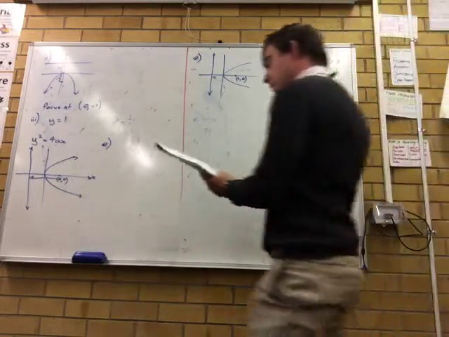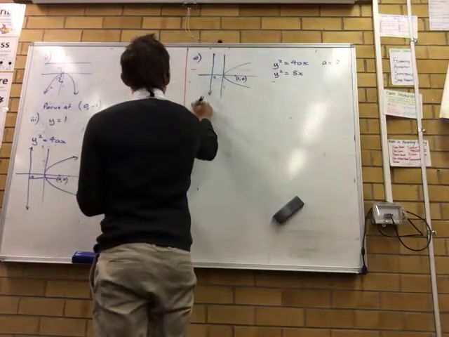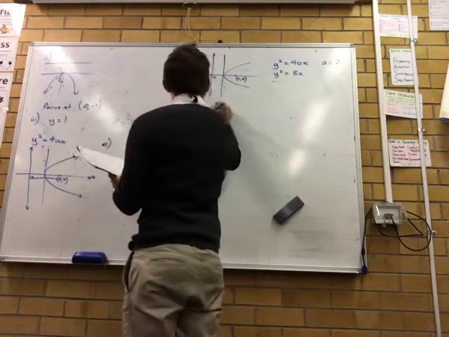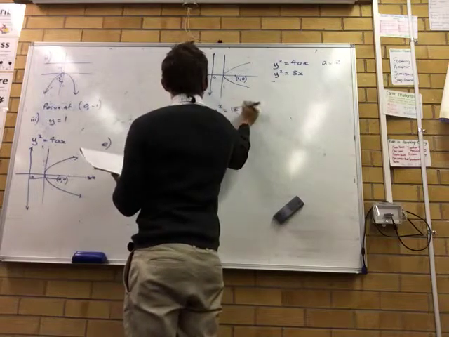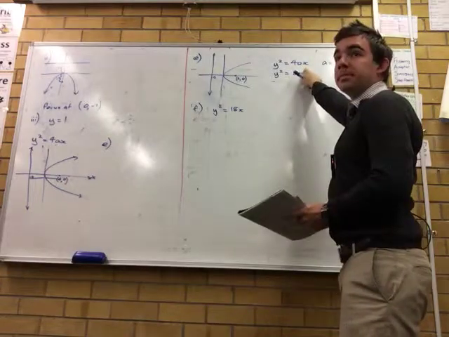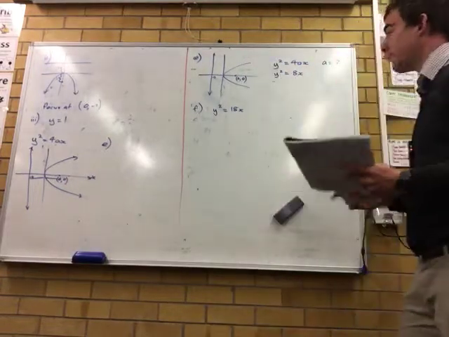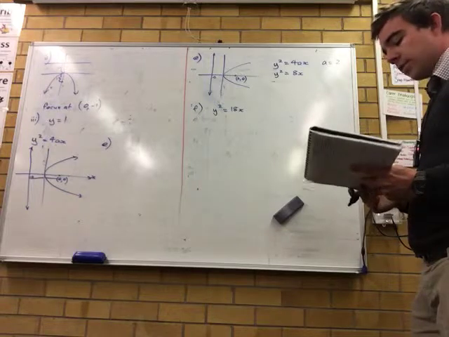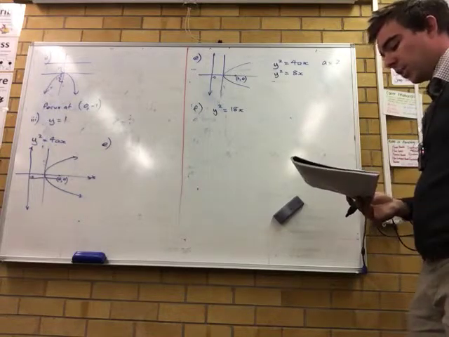Alright, F. For the parabola y squared equals 18x, it matches this equation, so you need to recognise it is a parabola of that form. Find the focal length, the focus, and the equation of the directrix.